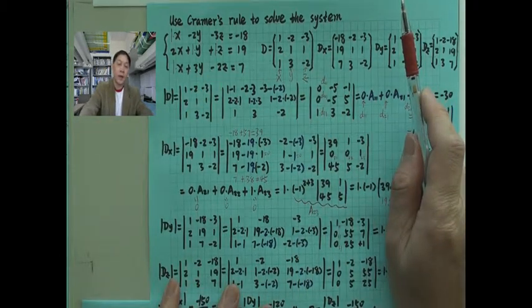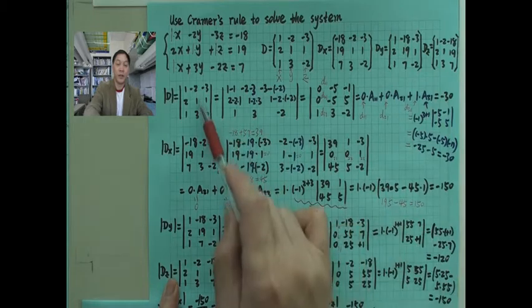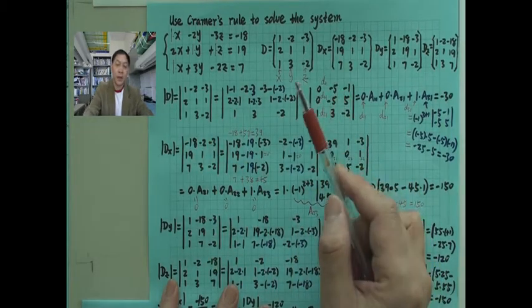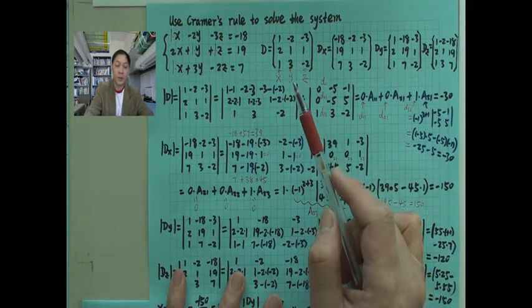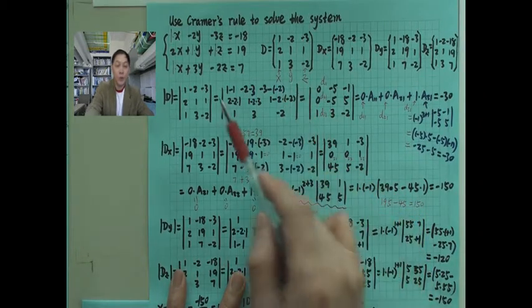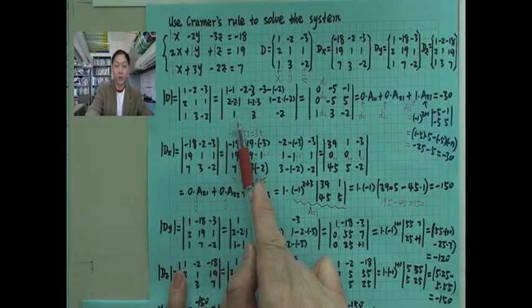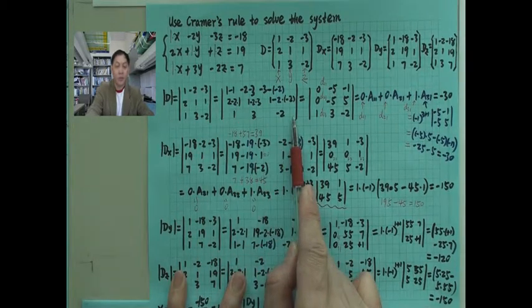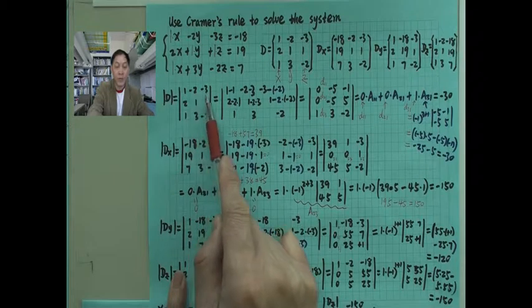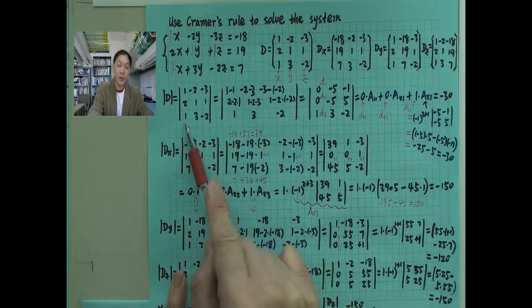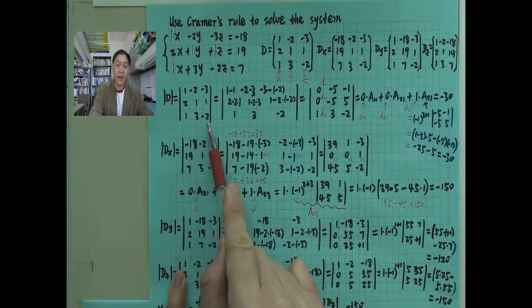Okay? Now, we need to figure out the determinant of this matrix. Now, right here, what I did is that I use row 1 minus row 3. You see, row 1 was 1, negative 2, negative 3, minus row 3. Okay?